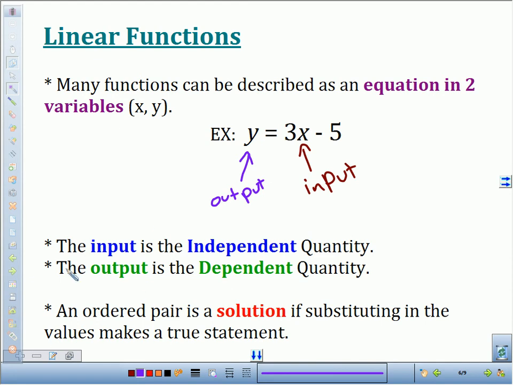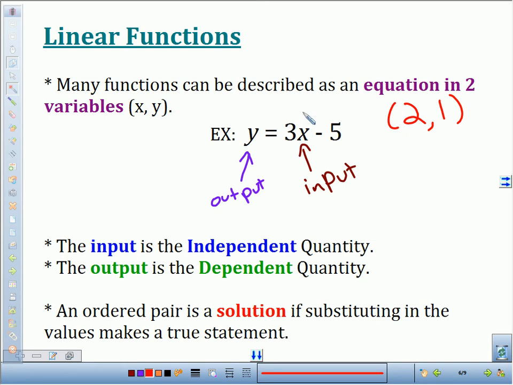Now, an ordered pair, x and y, is a solution of a function if we can plug the x and the y in for the input and output and get a true statement, an equation that is correct. So, as an example, if I asked you, is the point 2, 1 a solution to this equation?